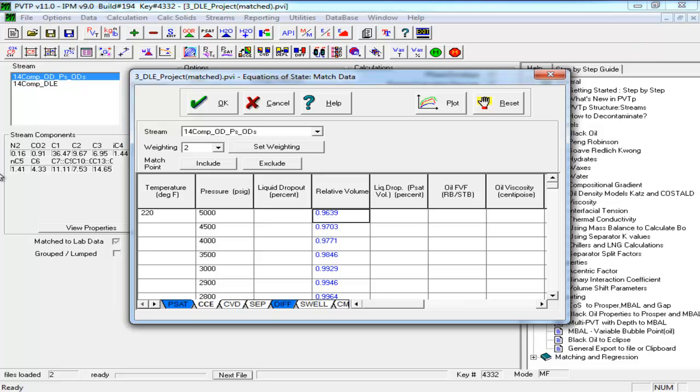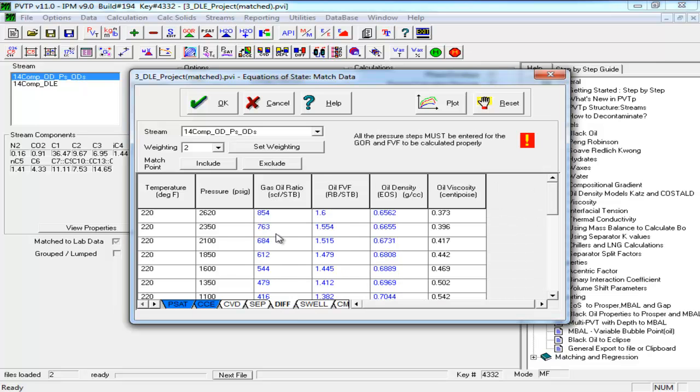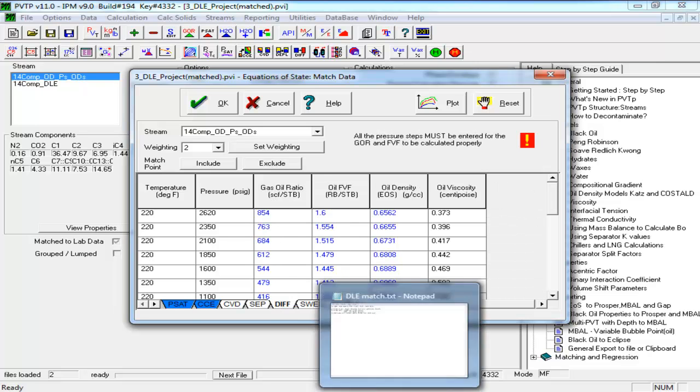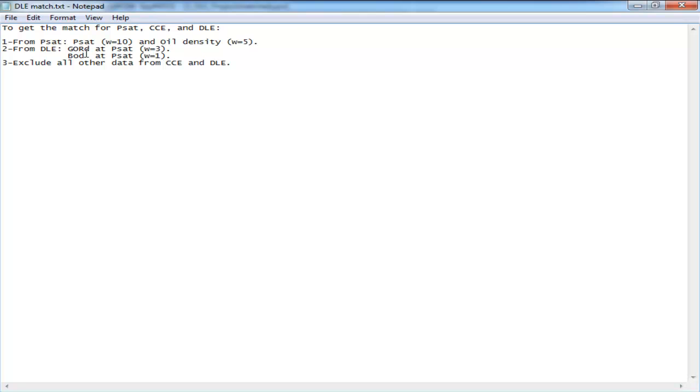So let's go to differential. We say, okay, take the RS at saturation pressure with this weight, 3, the highest weight, because we have the highest error here. So we took the highest weight with an acceptable value of weighting factor, as recommended in our references.